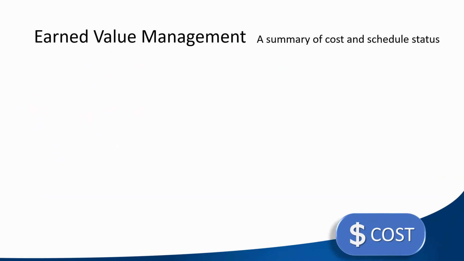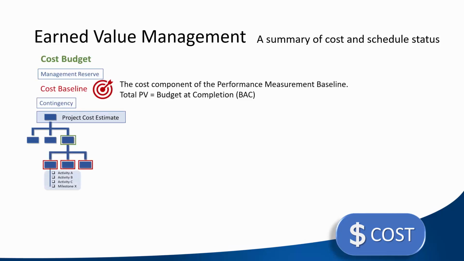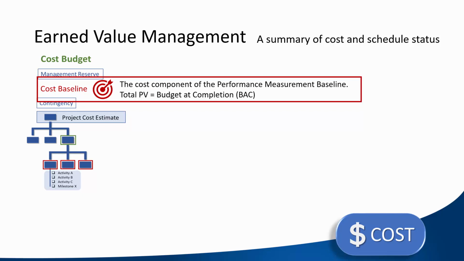What we've seen so far is that the purpose of earned value management is to provide a project-level summary of cost and schedule status. This is a good time to remember which cost target we are using. The cost baseline, which is the cost component of the performance measurement baseline, is our target.